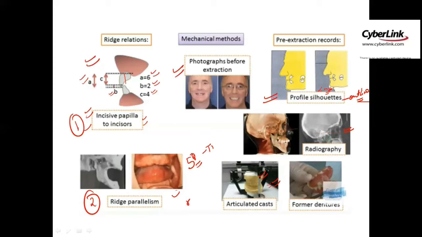Then sometimes we can use our former denture. Patient's existing denture is a valuable pre-extraction record. In this case, we use Boley gauge. Boley gauge is used to measure the distance between the border of the maxillary and mandibular denture when both these dentures are in occlusion. The measurement is used to determine the vertical dimension.